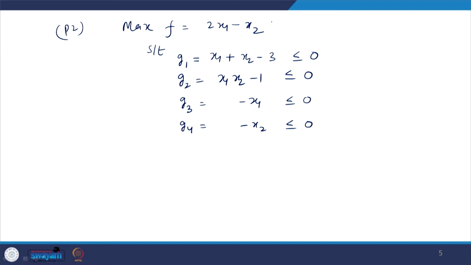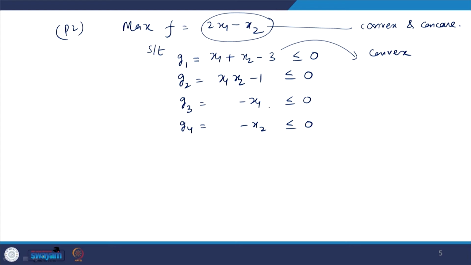This is linear, which means convex as well as concave here. This is linear, so it is also convex. G3 is also convex, and G4 is also convex, because they are linear functions.